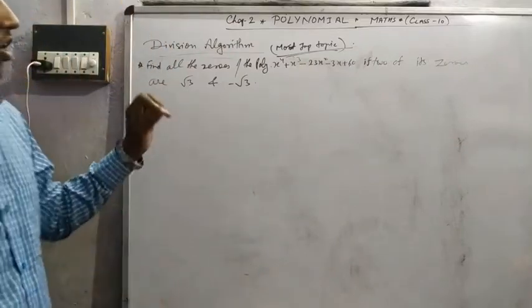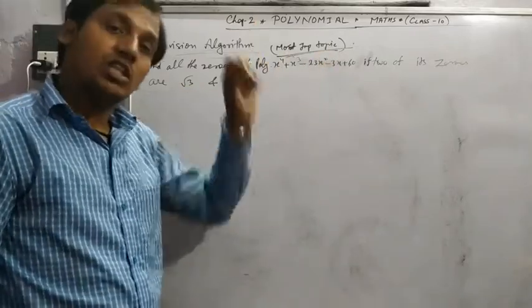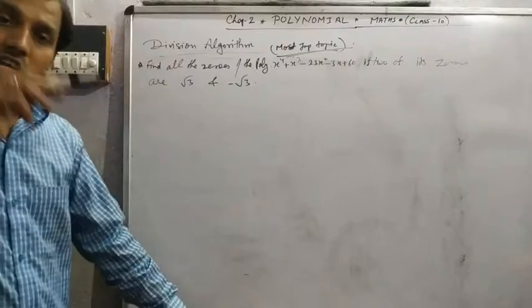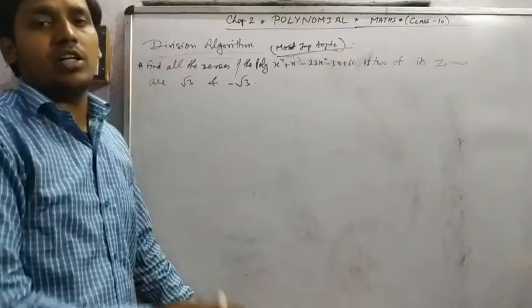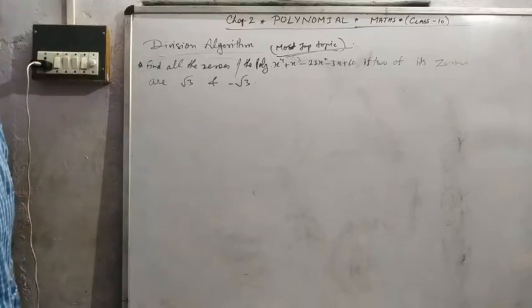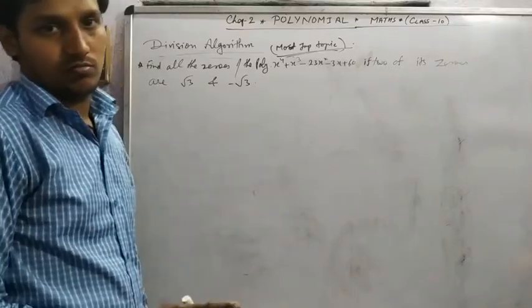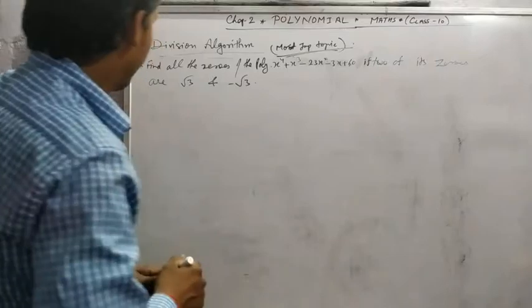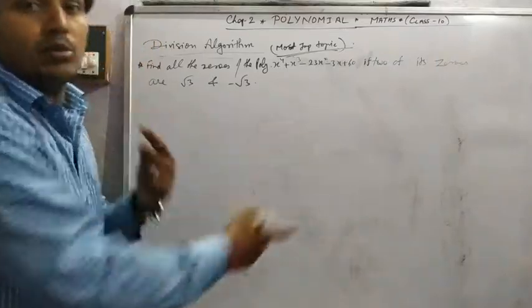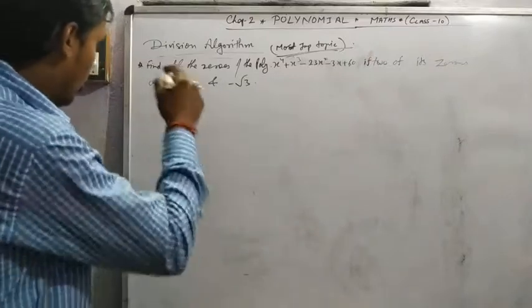This is one of the most important topics of this chapter. In every year's board examination it comes as a 3 marks or 4 marks question. I'm not saying the same question, but these types of question. So how do we solve it?